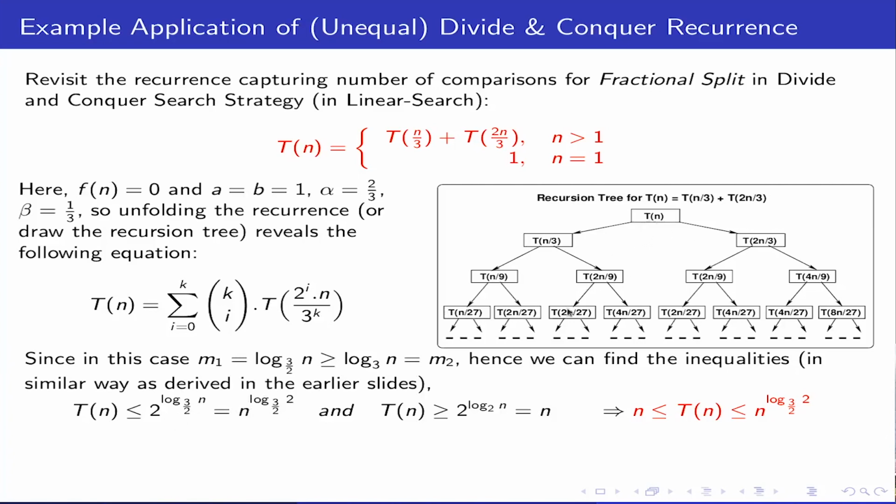Unlike here, the lower bound side will tell you that it will be n base 3, right? Because you are doing n by 3, n by 3, n by 3 and going till the base. So this should be 3, there is a mistake, this should be log n base 3.